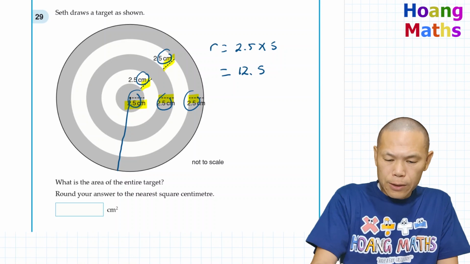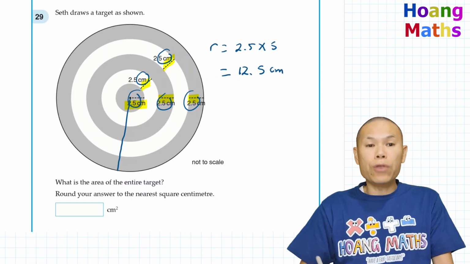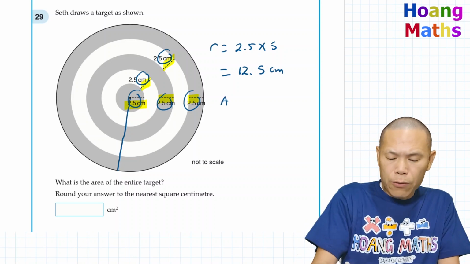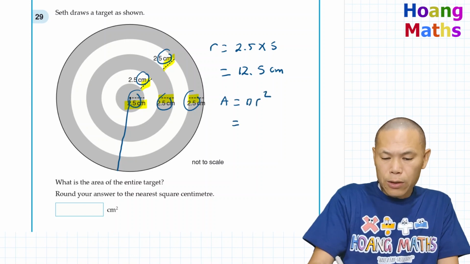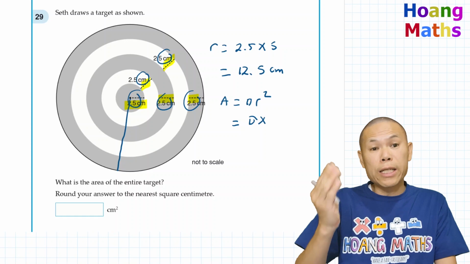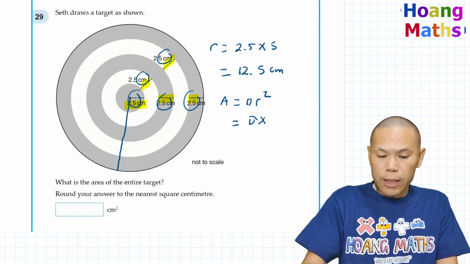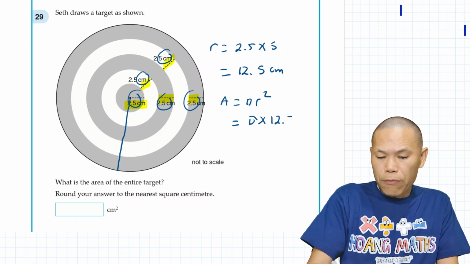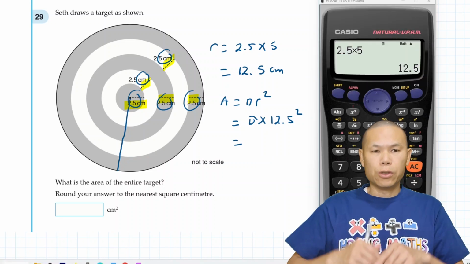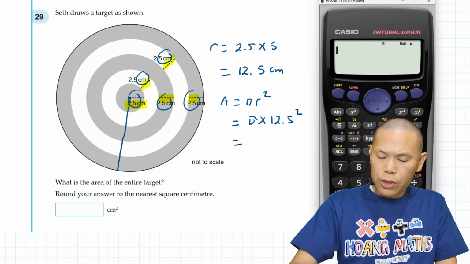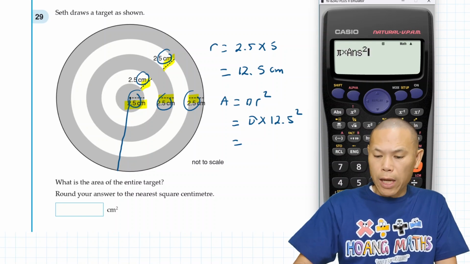So 12.5 centimeters. And we know that the area of a circle is pi r squared. So pi times the radius squared. The radius squared is 12.5 squared. So I just put it on a calculator. I go shift pi times the answer squared.